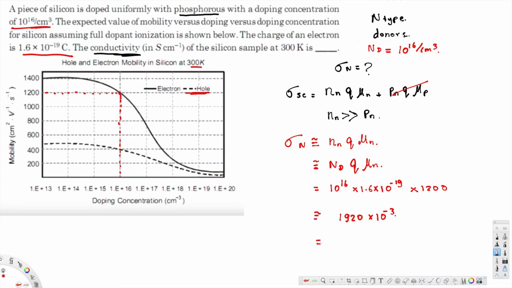If we simplify this, multiplying by 10 to the power of minus 3, we have 1.92 mho per centimeter, or you can say Siemens per centimeter. Both units are correct, and that's going to be our final answer for this question.